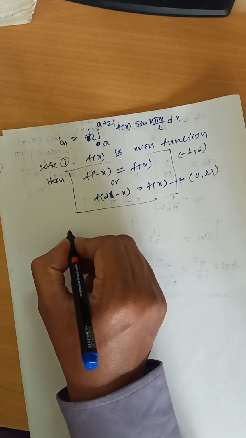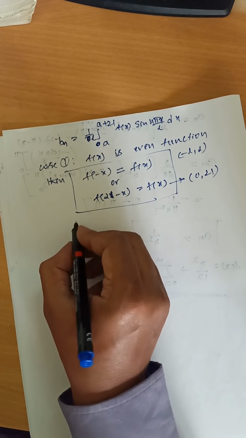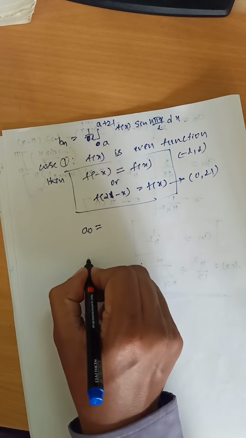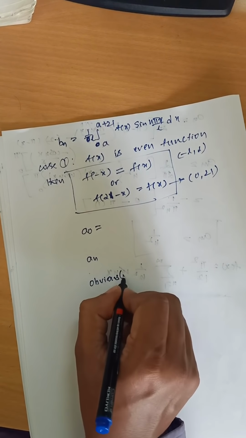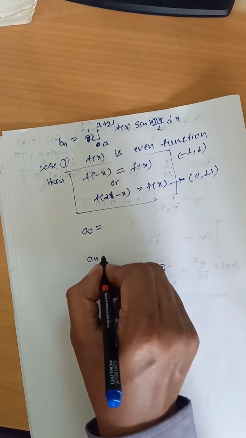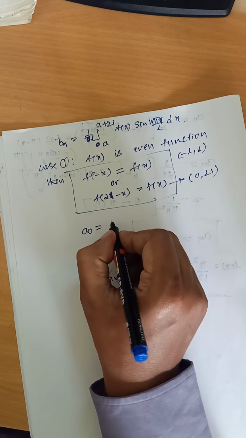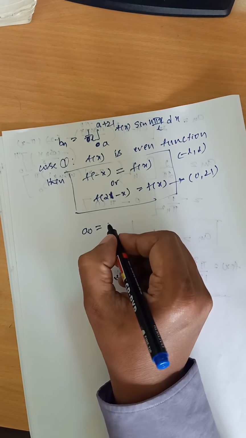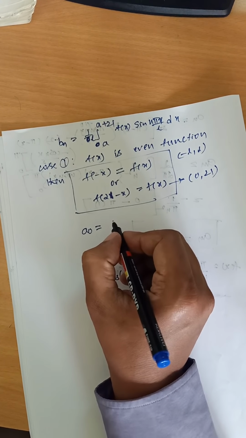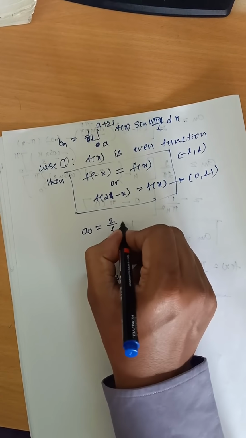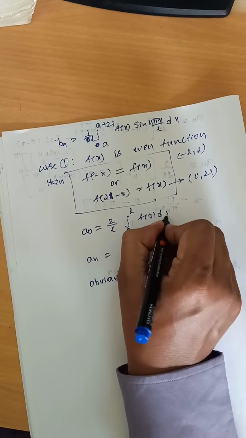That means, by using the property of definite integrals, the given function is even. Here also we find only a naught and an. Obviously bn is equal to 0. For the a naught formula, compare with the formula for minus pi, comma plus pi. After checking that the given function is even, a naught is 2 by L integral 0 to L f of x dx.